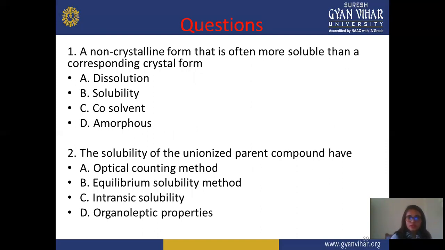These are the questions for this topic. First: a non-crystalline form that is often more soluble than the corresponding crystal form. Options: A is dissolution, B is solubility, C is co-solvent, and D is amorphous. Second question: the solubility of the unionized parent compound. Options: A is optical counting method, B is equilibrium solubility method, C is intrinsic solubility method, and D is organoleptic property.